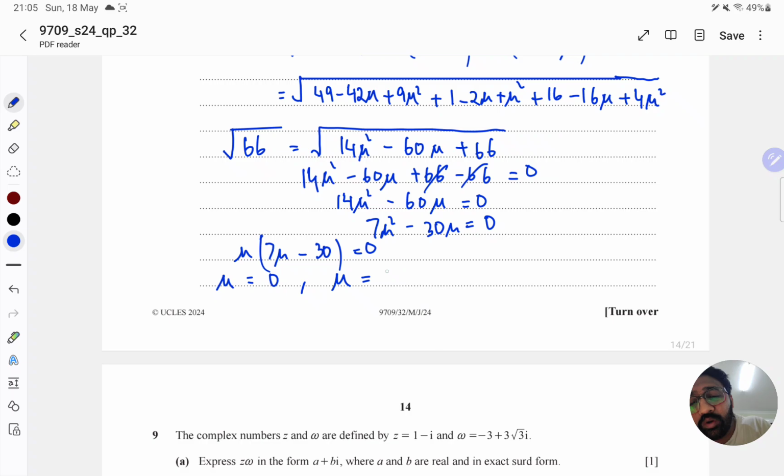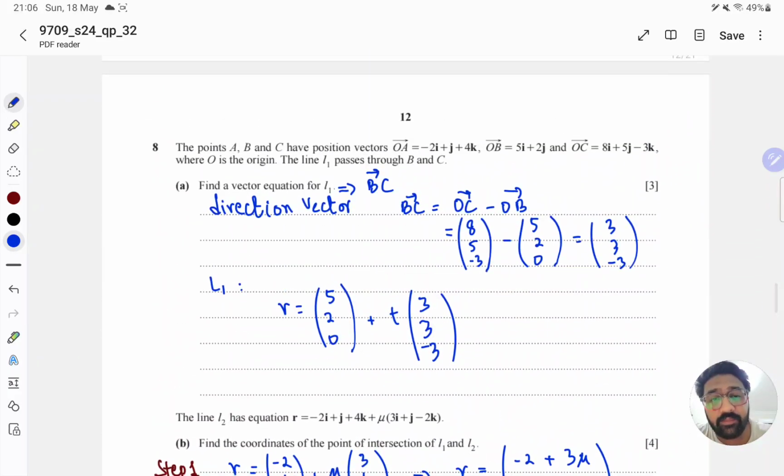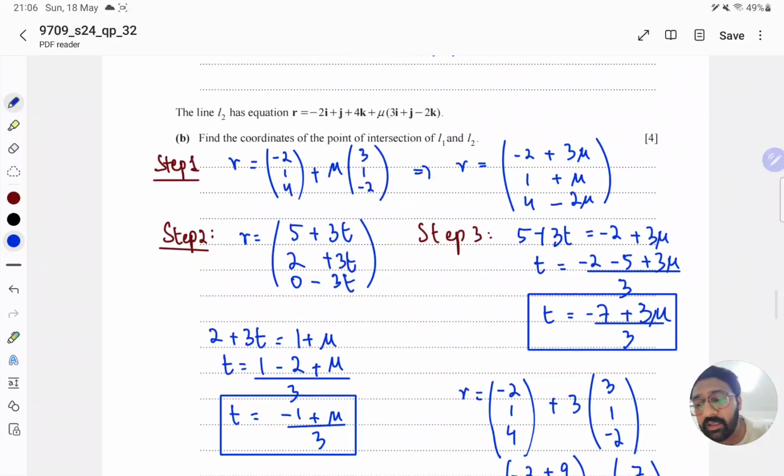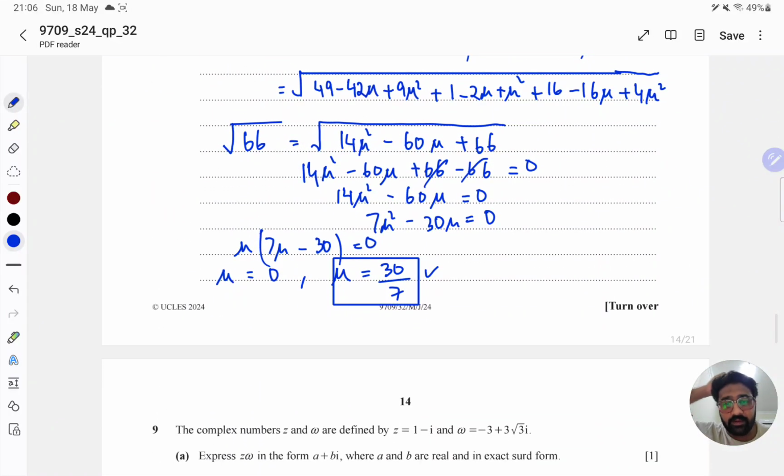The other value of mu will be 30 divided by 7. Okay, so we are not going to use the other one, as this already gives the other point. This is already telling us about the other point, which is point A. So let's use mu as 30 divided by 7.